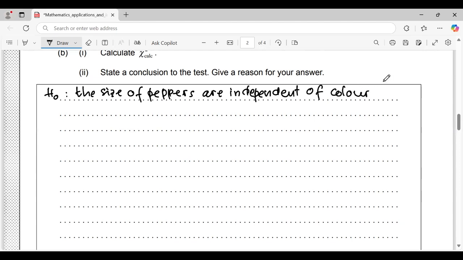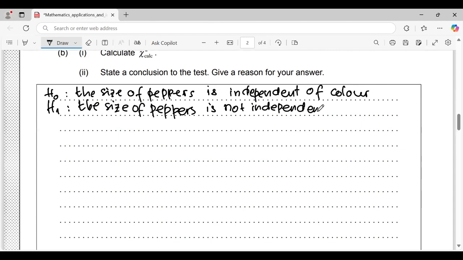And the alternative hypothesis: the size of papers is not independent of color.